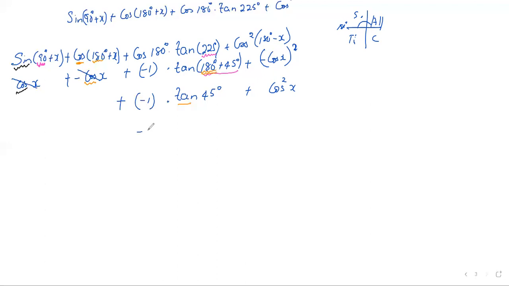So it's -1 into tan of 45 is 1, plus cos squared x. This is -1 plus cos squared x. That's how far we can simplify that.